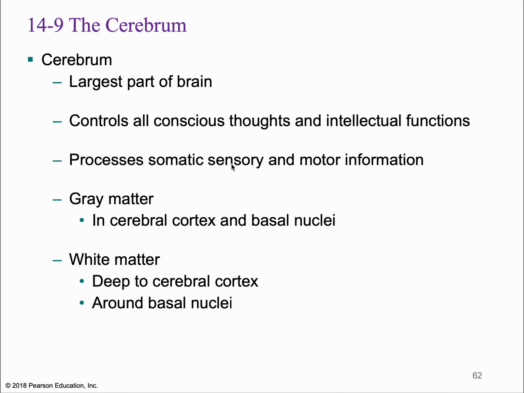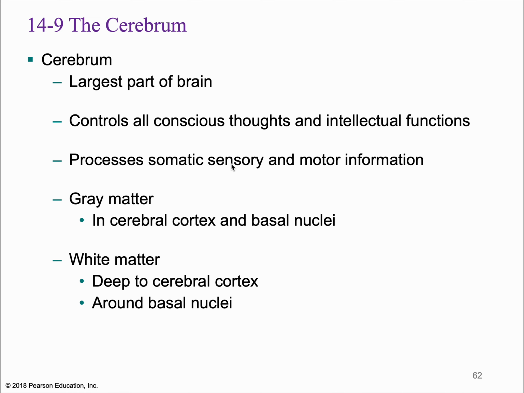So we have the largest part of the brain, the cerebrum. It controls all conscious thoughts and intellectual functions such as decision making, judgment, thinking processes, everything that involves upper cognitive levels. Our cerebrum also processes somatosensory information such as touch, vibration, pain, visual, auditory, and things like that.